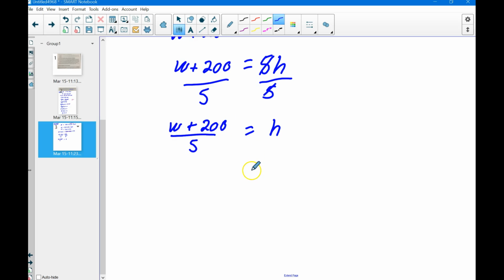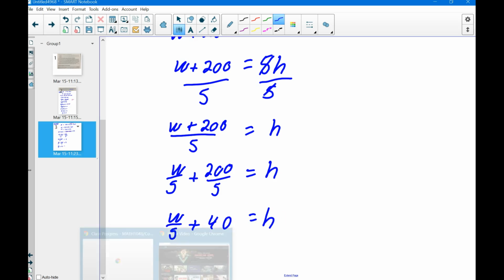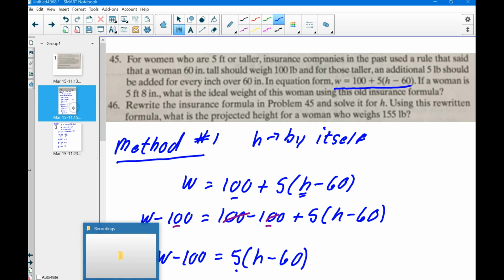And if I wanted to break that apart, it looks like this. W over 5 plus 200 over 5. And finally we have W over 5 plus 40. And you can see same answer as we got the last time.